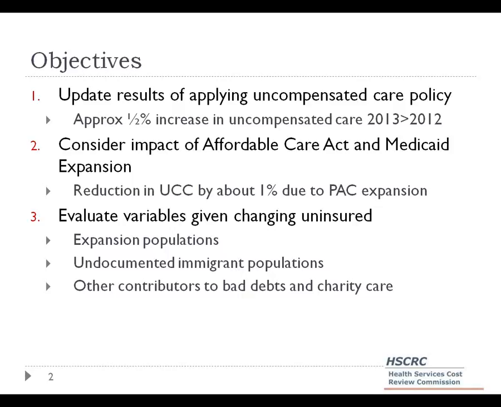But the variables that have been used for quite some time. Some of them go back to more than 20 years ago in terms of when they were initially constructed. But with the change in the uninsured that is caused by the Affordable Care Act, some of these variables may not work as well as they used to.